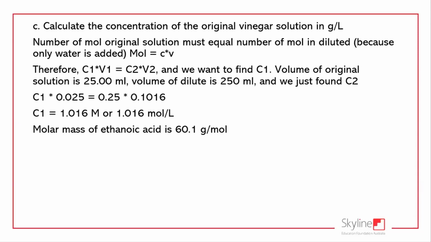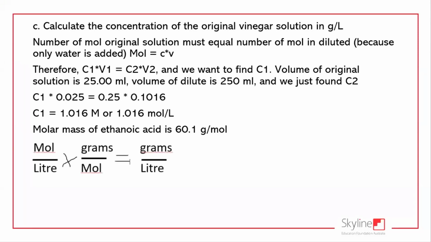So what this is saying is for every mole of ethanoic acid we have, that's equivalent to 60.1 grams. And if we do moles per litre times grams per mole, we're actually going to get grams per litre, because mole cancels out with mole.